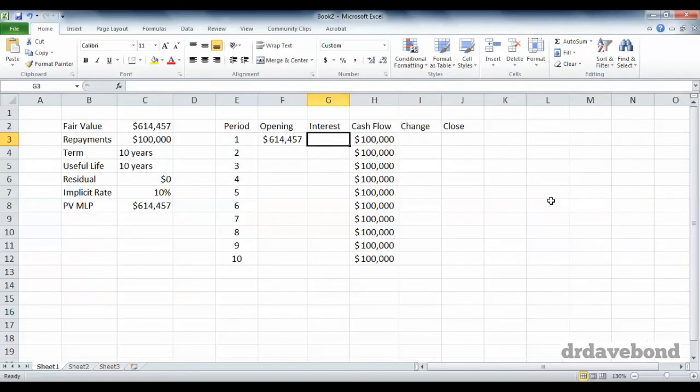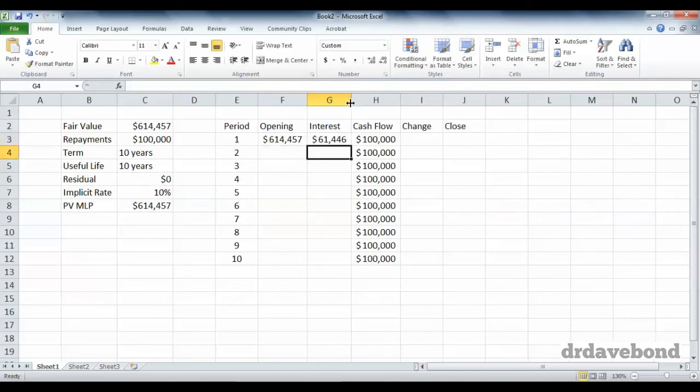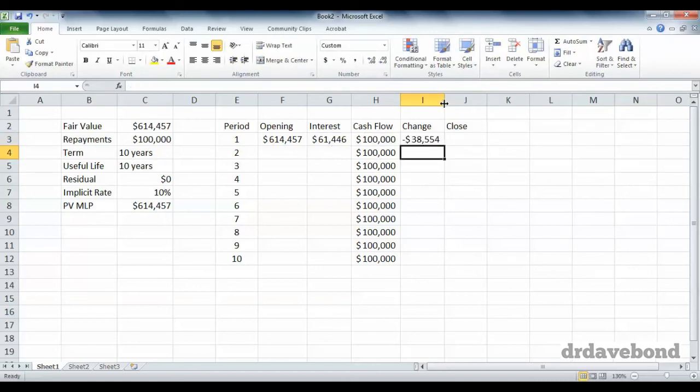The interest component is the opening balance times the implicit rate. I'm going to hard paste this to make sure that it always looks up cell C7. The change is just the difference between interest and cash flow. And the close is going to be the opening plus that change.